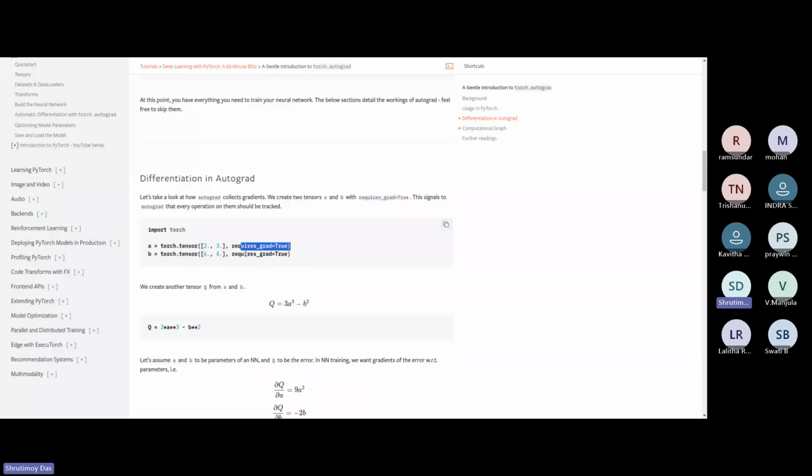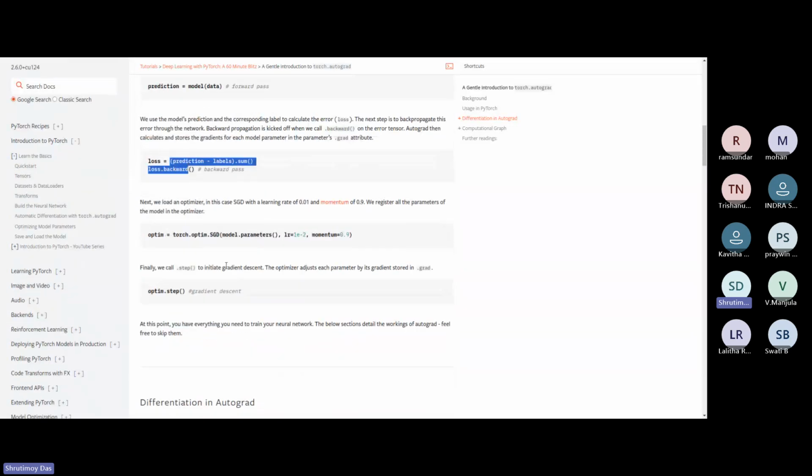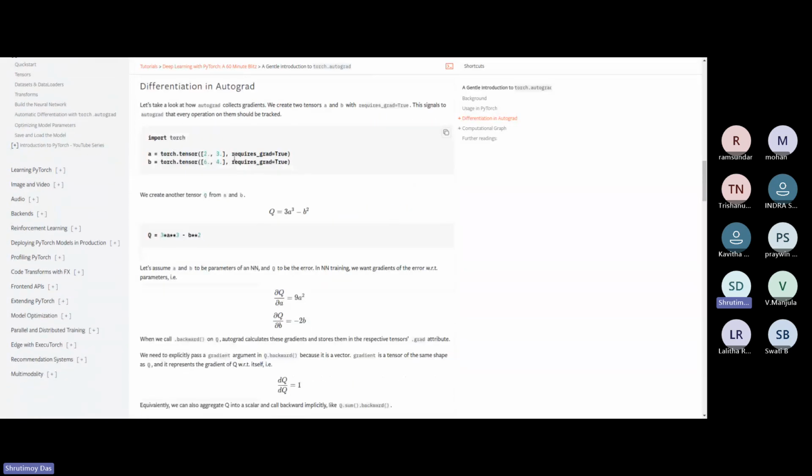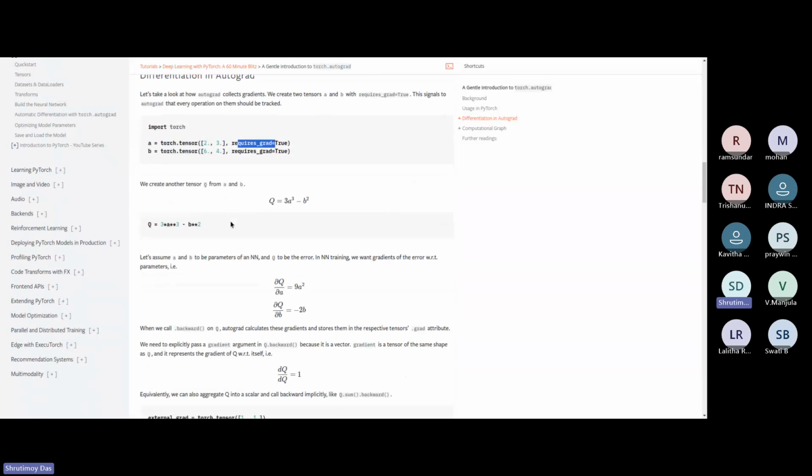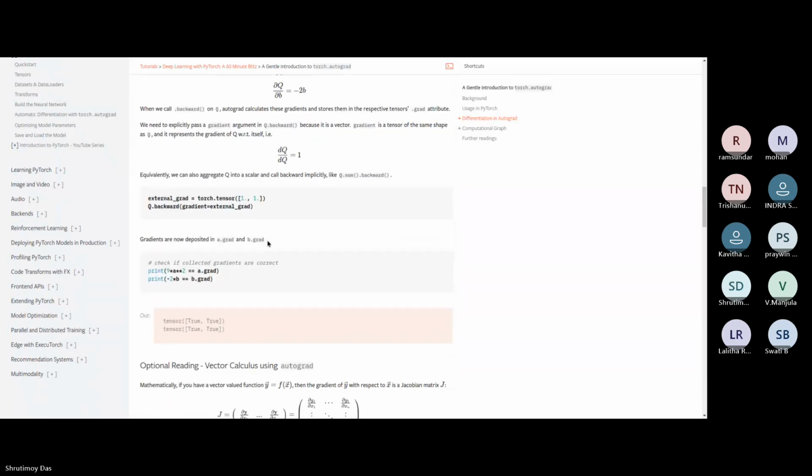When you give this argument, the PyTorch library will automatically know that it needs to compute the gradients of this. So when you call dot backward, it computes the gradient with respect to A, with respect to B, and it stores all of these. That is just the basic thing.